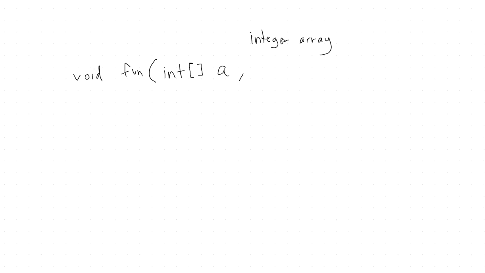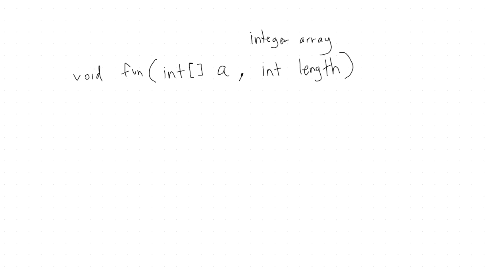Along with this, when you pass into a function, you also have to pass in the length of the array, because you don't usually have access to that inside the function. So let's say int length is going to contain how large my array is.